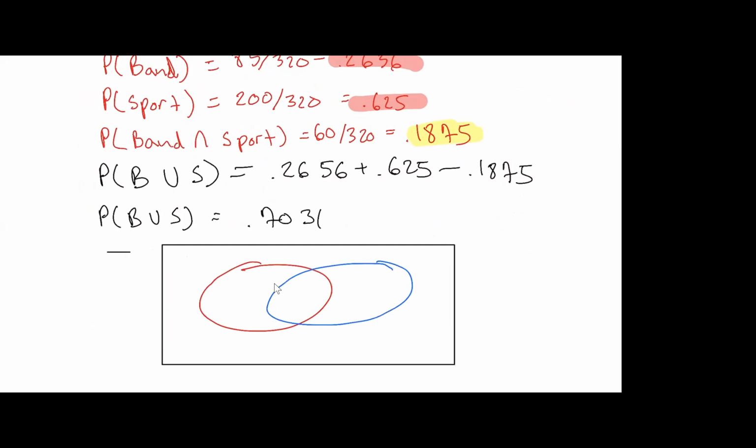All right, so this is for band. The red is band, the blue is going to be sports. When we're doing a Venn diagram, you always want to do the middle first. So let's do the middle.